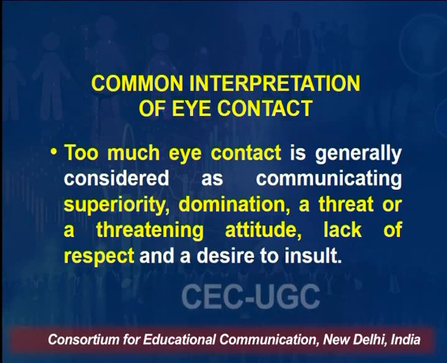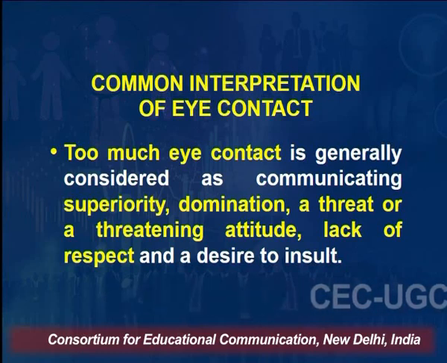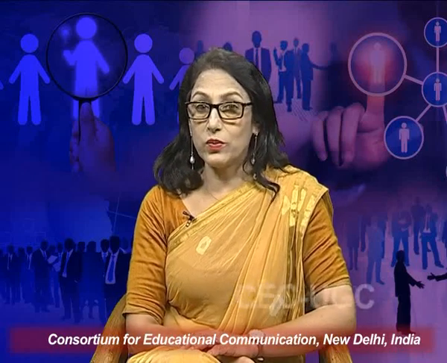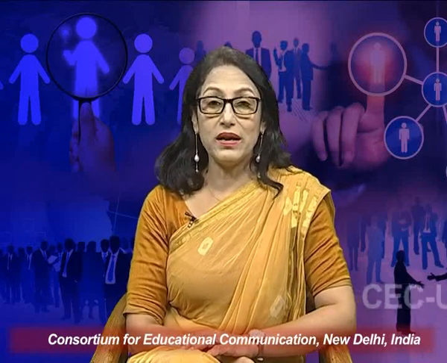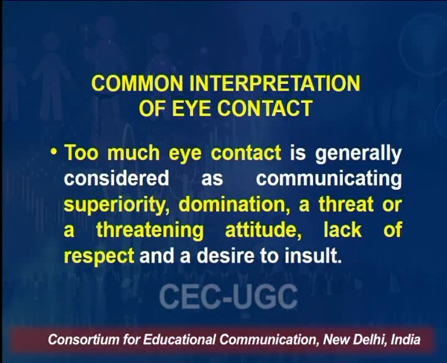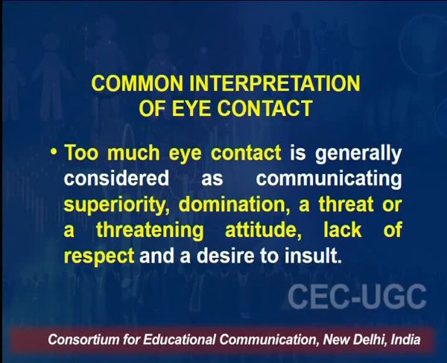Domination is another way somebody tries to dominate: looking straight into the eyes, maintaining too much eye contact. He or she is trying to dominate the other person. If somebody is trying to threaten the other person, even that can be communicated by too much eye contact.